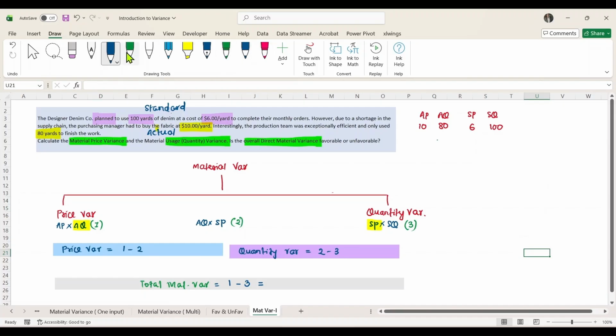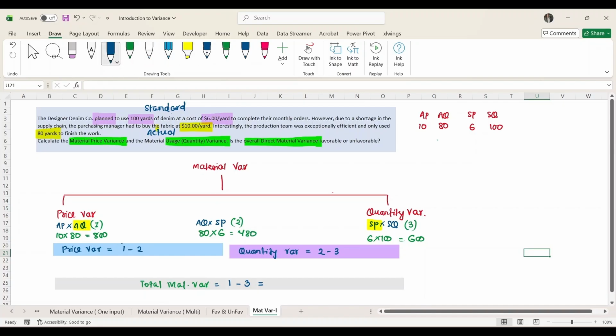So now we'll just replace AP into AQ: 10 into 80, that becomes 800, and this becomes 6 into 100, that is 600, and this 80 will come here, and from here 6 will go here, so this becomes 480.